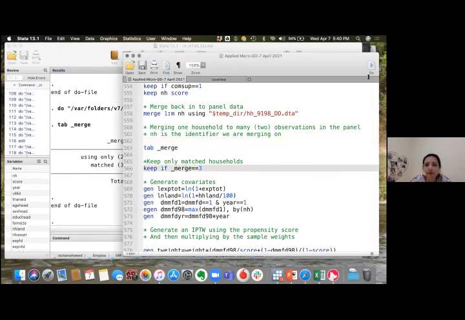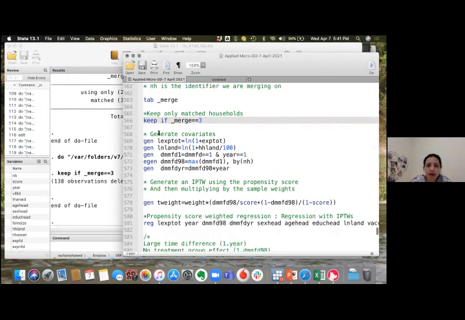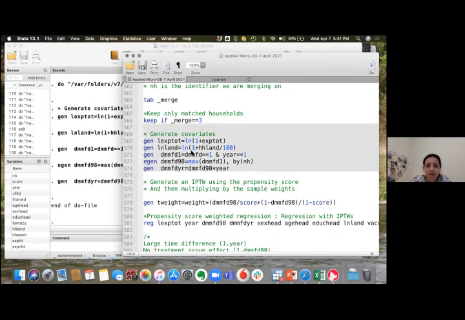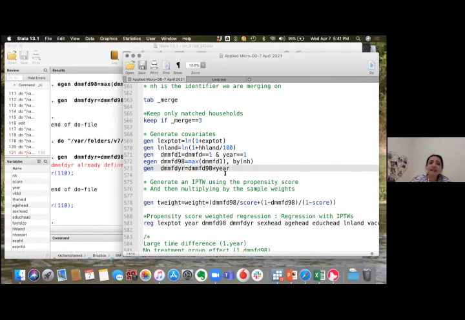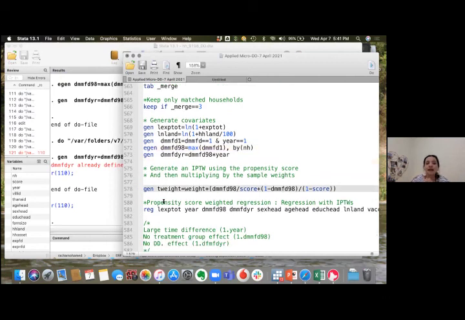I will keep only if merge equals 3, and I will create again all my variables of interest. I have my binary variable for year. I create my variable for being treated or not in 98. I created the interaction, and the other thing I will create again is the IPTW, the inverse weight, if you remember it. So the inverse weight is this one.